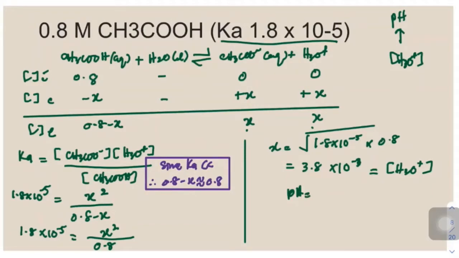pH is equal to negative log of the concentration of the H3O plus, which is equal to negative log of 3.8 times 10 negative 3, and finally we get the pH of the solution equal to 2.42.